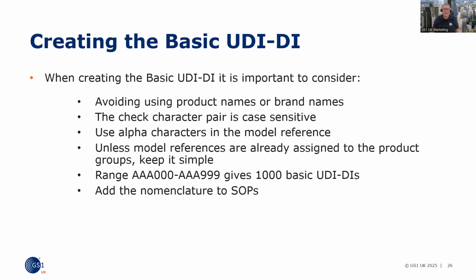Add the nomenclature to your standard operating procedures. What it basically means is if you're going to use AAA000 to AAA999, or whatever you use in terms of the format for that model reference element, add it to your SOPs so you don't end up with situations where people use lower case and get different check character pairs.